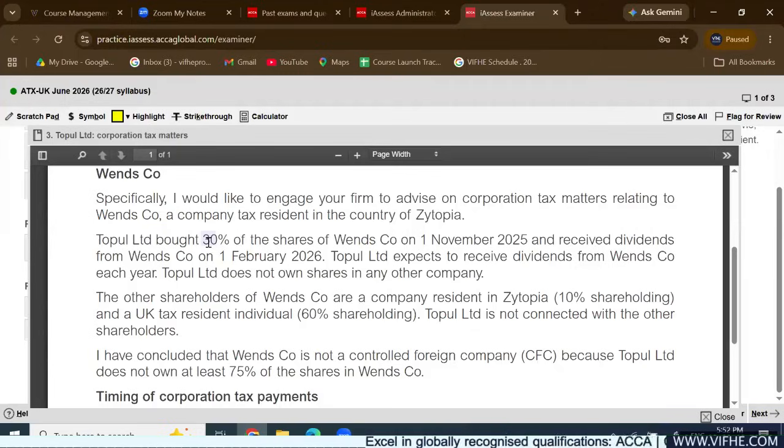But here, the first thing we have determined is that the company doesn't control Vendsco. It doesn't own more than 50% of the shareholding. So they are not associated companies. So when it comes to the installment perspective, it is going to be unaffected. In fact, this should have come first in the line.